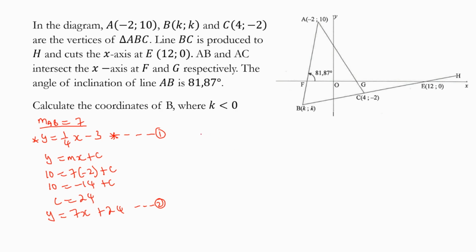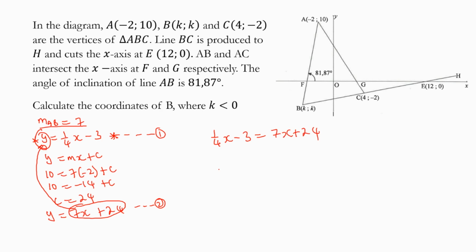Right, so let's just do that. So we have 1 over 4 x minus 3 is equal to, where there's y here, we put 7x plus 24. Right. And then what do we do?